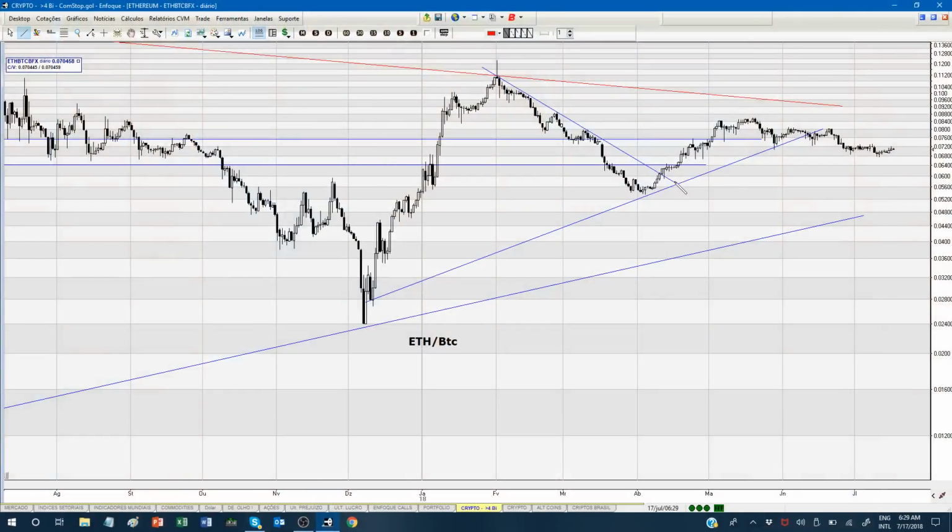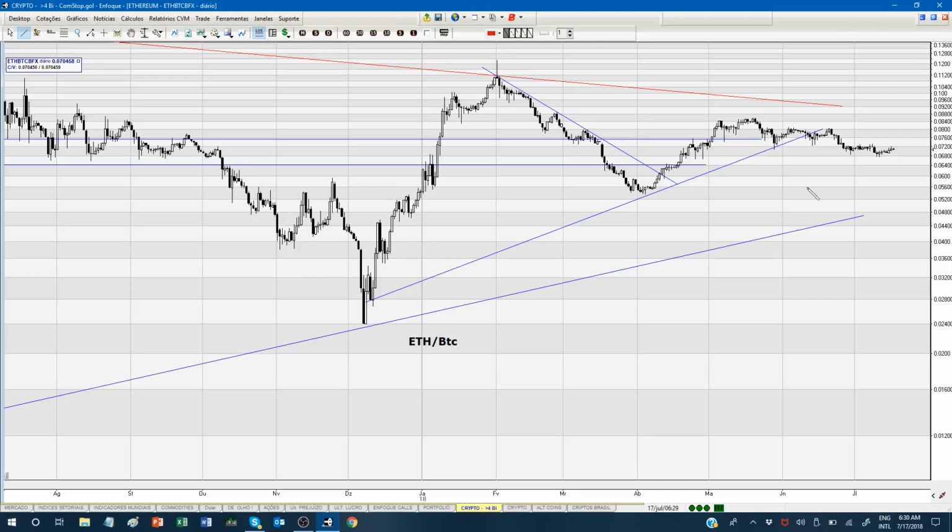So I want to analyze the coins that could eventually outperform Bitcoin, in order for me to buy these coins and sell them at a bigger value in Bitcoin in the near or medium term future. That's the reason why on this channel I'll always be showing the charts in Bitcoin. Eventually, I take a look at the charts quoted in dollars, but that's just eventually.